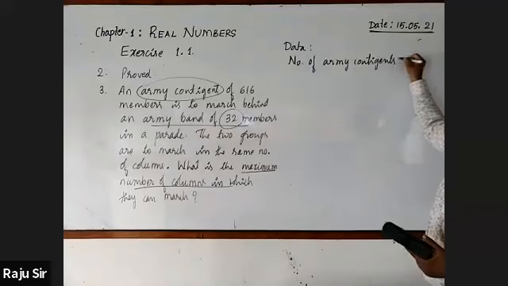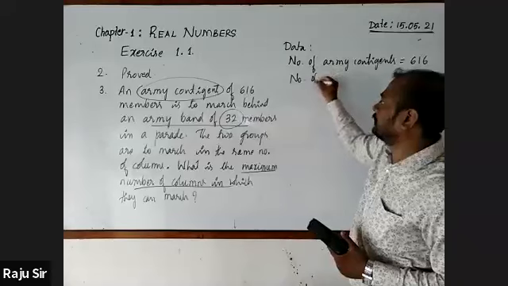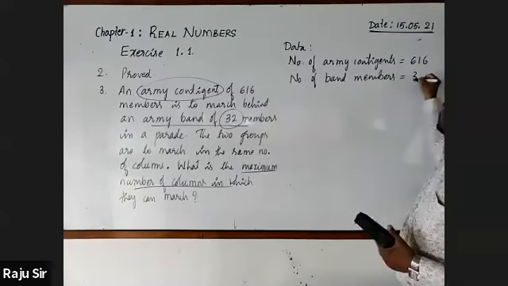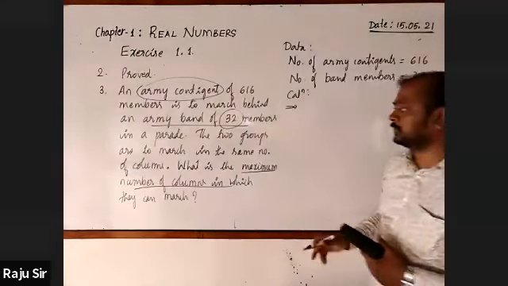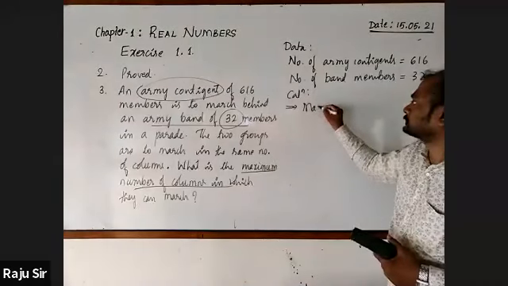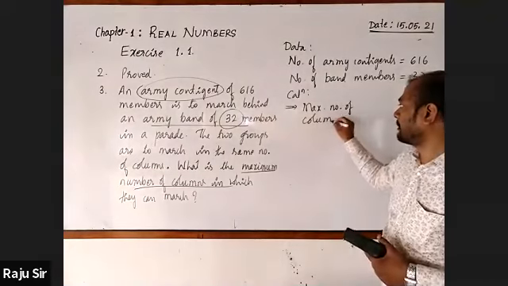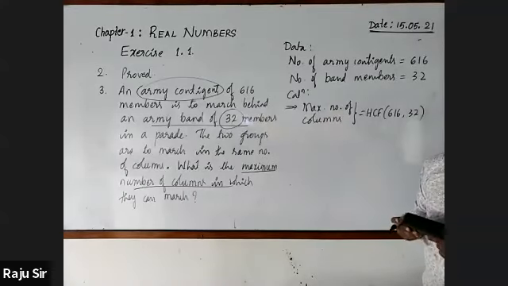Data: number of army contingents is 616, and number of band members is 32. For calculation, this first step is very important. The maximum number of columns required is the HCF of 616 and 32.